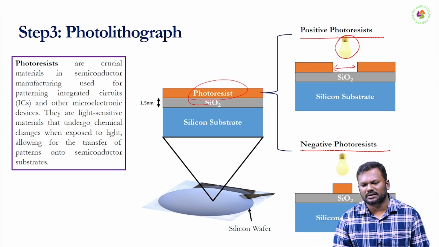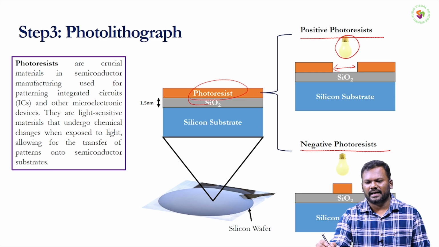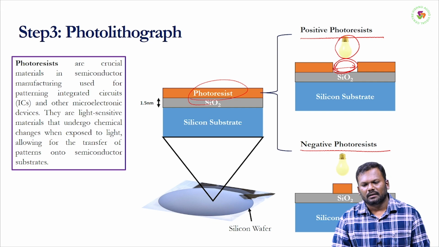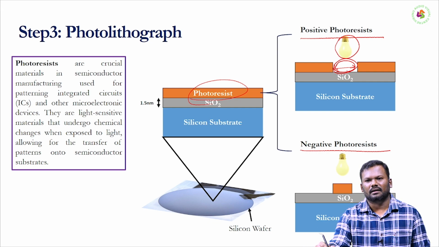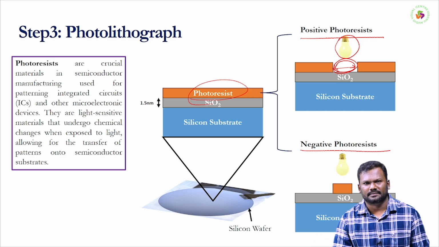The light makes a chemical reaction with the photoresist at the particular place. Then that photoresist becomes very sensitive. We can remove it with chemicals.